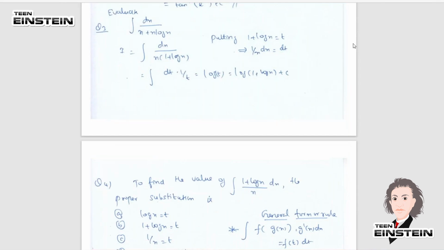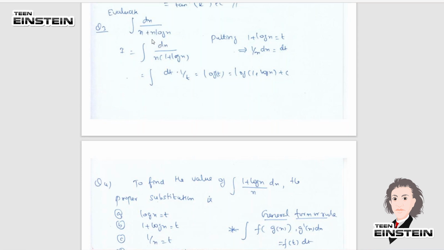See the next problem. Evaluate integral 1 over x plus x log x dx. Okay, so what substitution can we use here? What is the differentiation of log x? 1 by x, right? So first see the denominator.